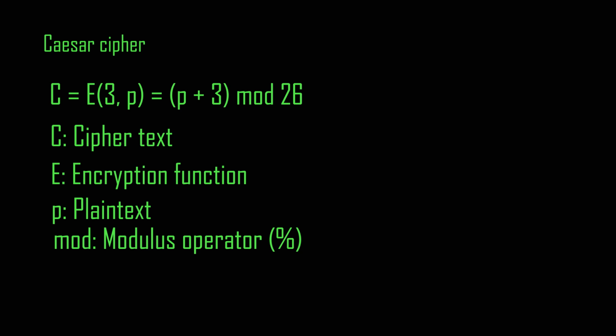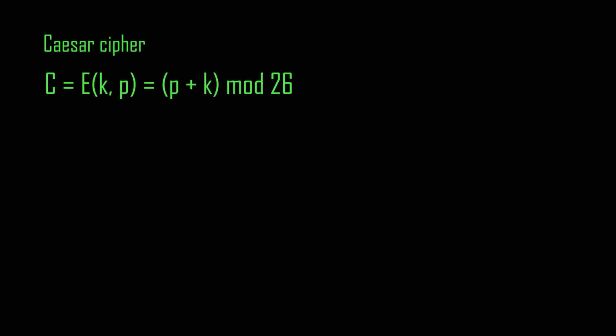To describe a shift of some number k, the formula would be C equals E_k(P) equals (P plus k) mod 26. So this is the same as what we had previously, but the 3 shifts have now been converted into k shifts, and k can be any number between 1 and 25 inclusive.